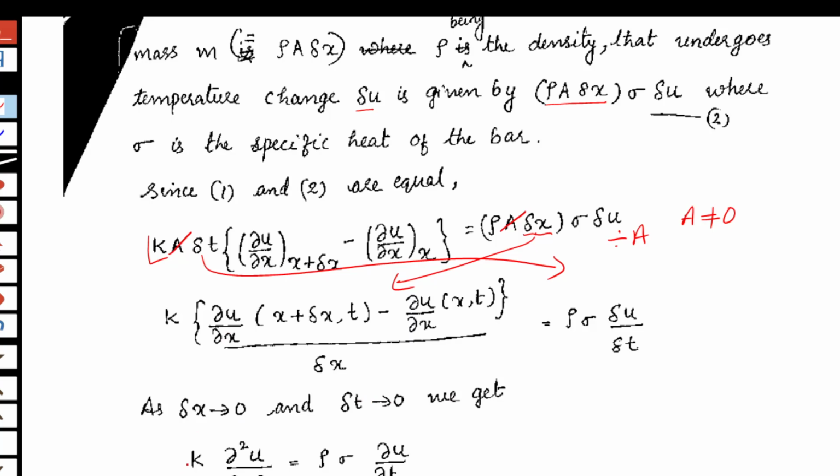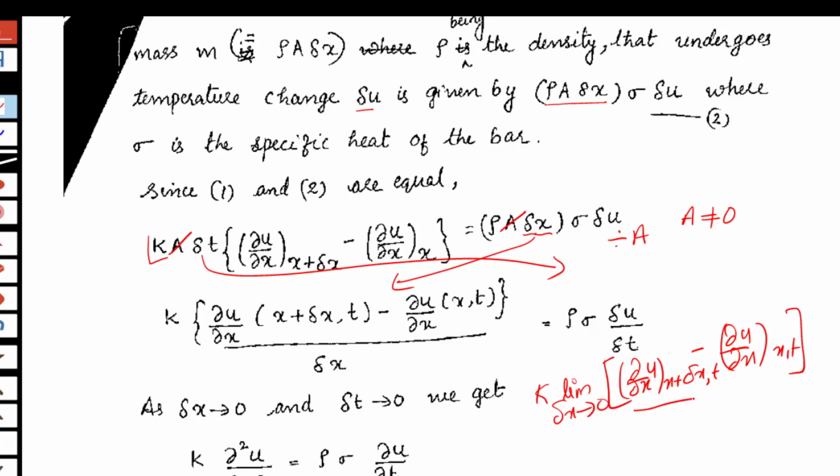Then the left hand side becomes K into the limit as delta x tends to 0 of [∂u/∂x at (x plus delta x, t) minus ∂u/∂x at (x, t)] divided by delta x, and the right hand side becomes rho sigma into the limit as delta t tends to 0 of delta u by delta t.